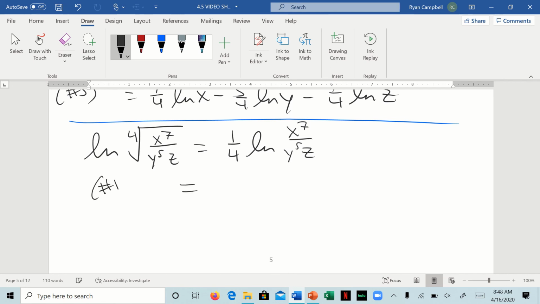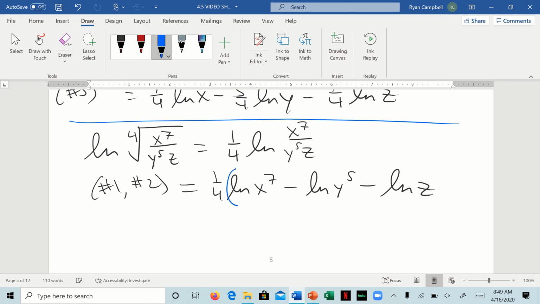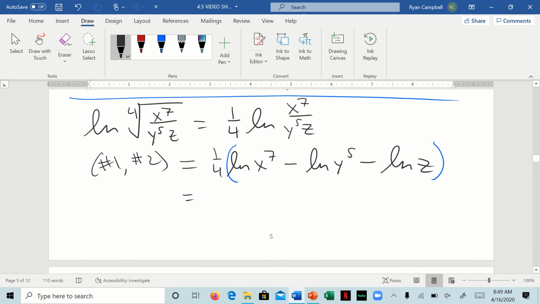So using number 1 and number 2, I see 1/4 natural log x to the 7th minus natural log of y to the 5th minus natural log of z. But again, we are taking 1/4 of this entire thing, which means that 1/4 is being multiplied to all of that. So again, another potential for an easy error.